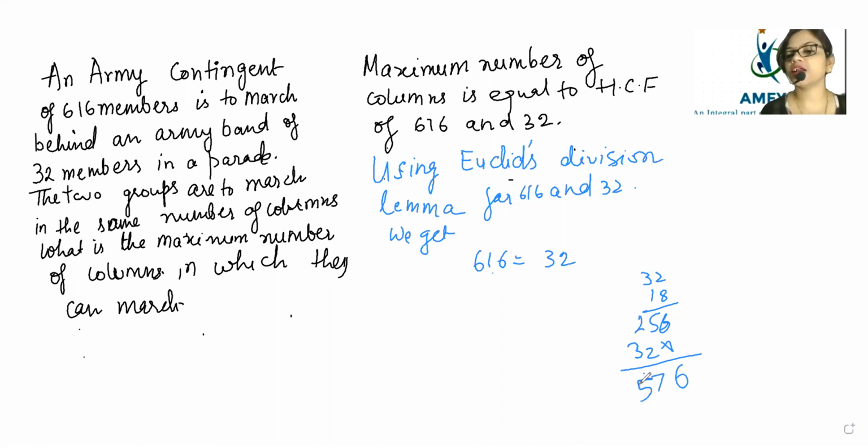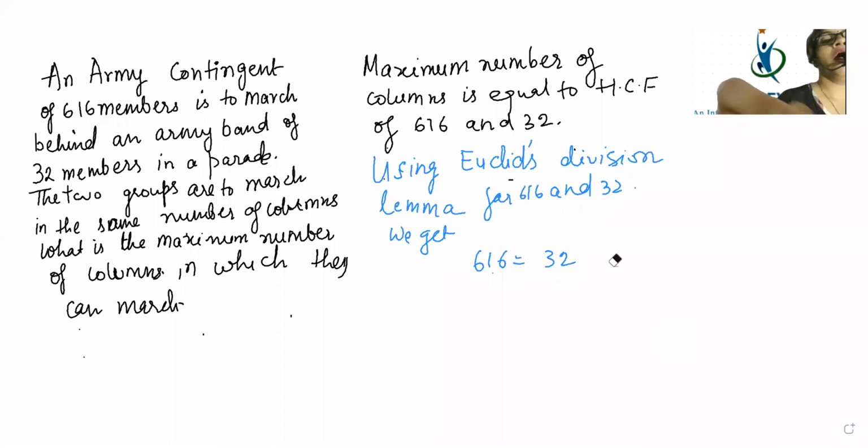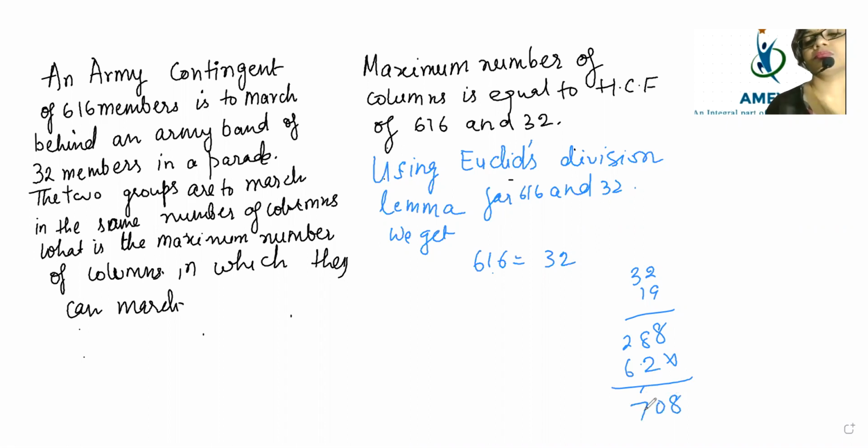Kamya is telling me to use 19, so I'm using 19. 32 into 19 is 608, plus how much remainder is coming?